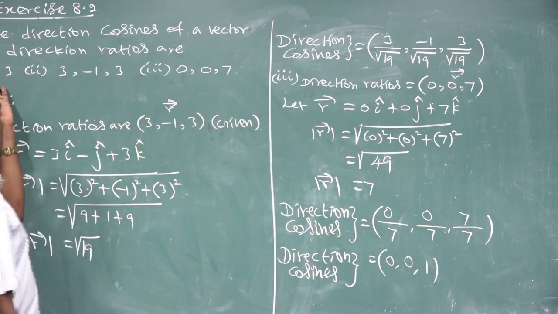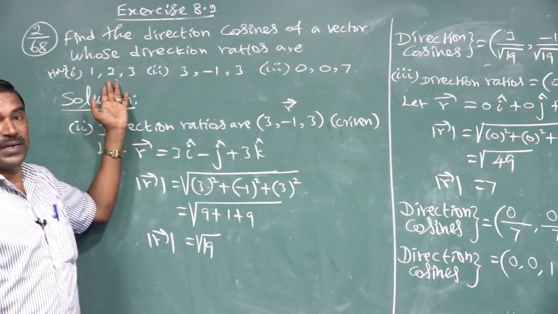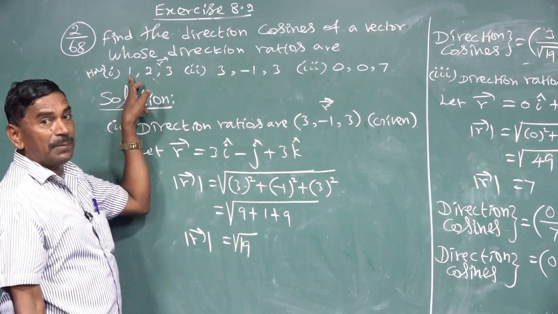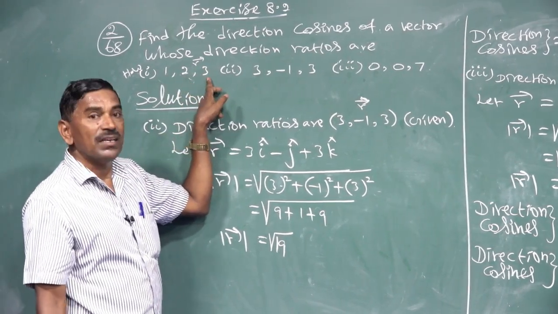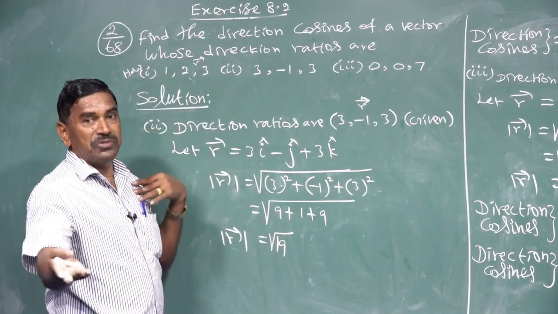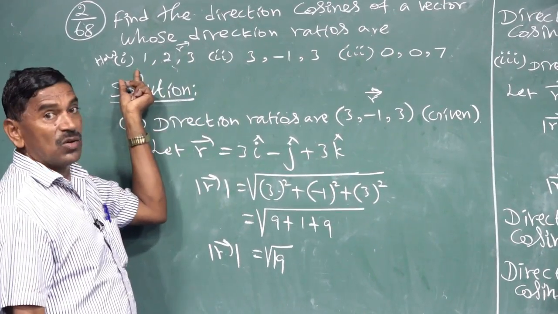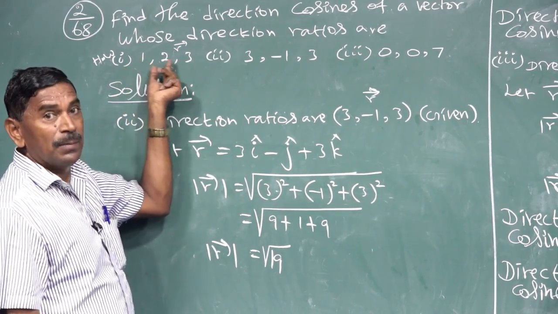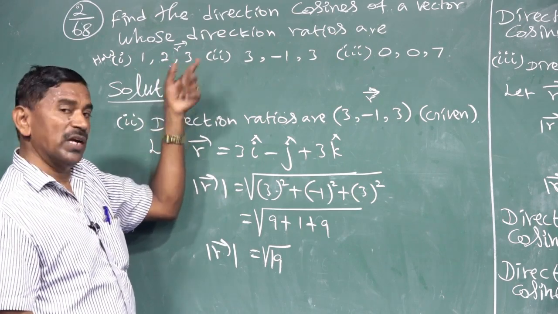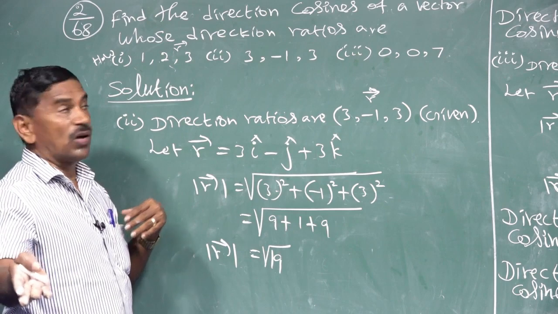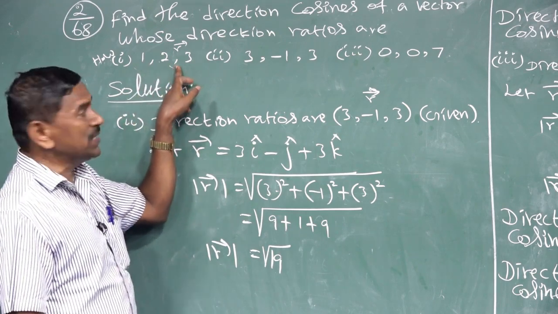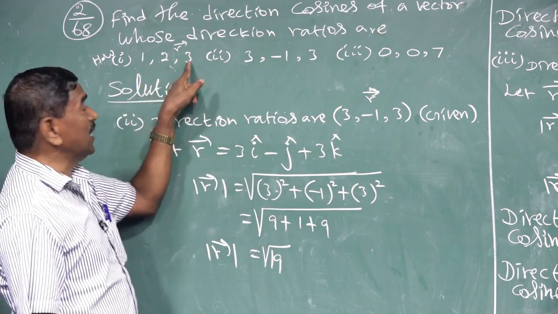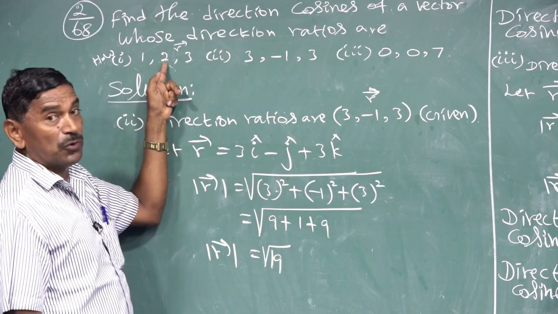Listen, the first subdivision we can prepare ourselves. Let r vector equal to i cap plus 2j cap plus 3k cap. Modulus r vector equal to square root of 1 the whole square plus 2 the whole square plus 3 the whole square, which is equal to square root of 1 plus 4 plus 9. 3 square is 9, 9 plus 1 is 10, 2 square is 4, so 14.